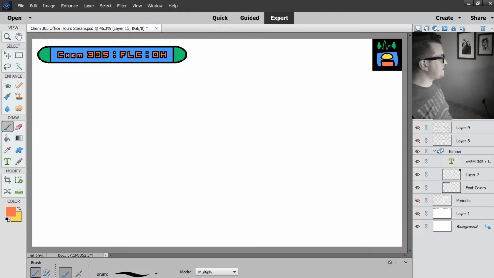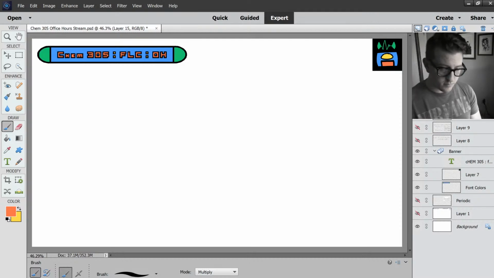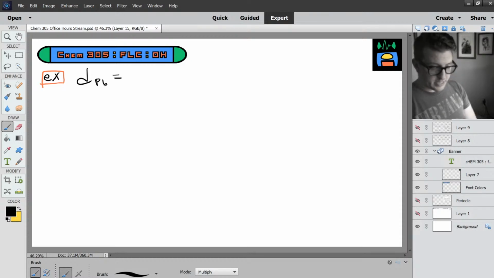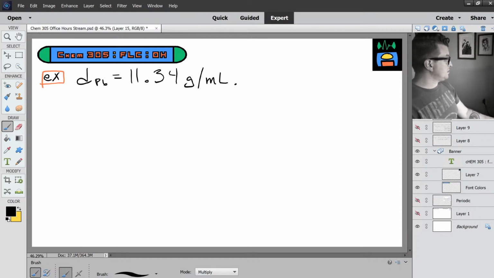Not the density of lead, the density of lead. All right. So lead, let's do an example here. Lead, whose symbol, sorry, is Pb, has a density of 11.34 grams per milliliter.